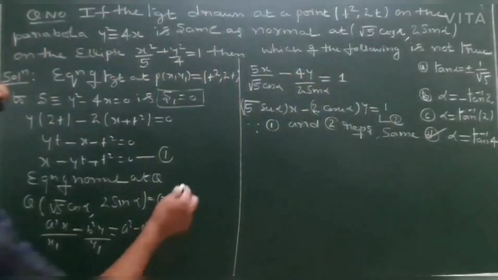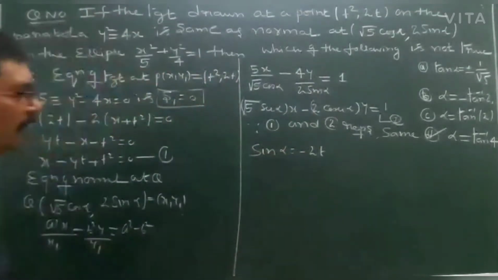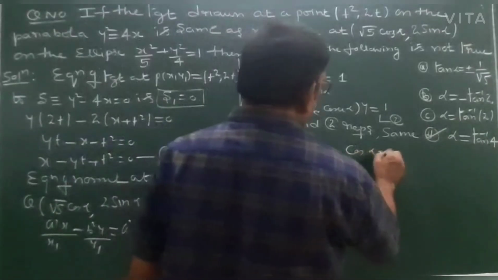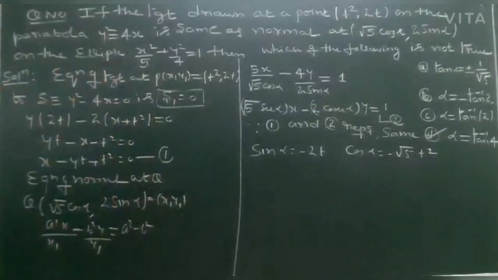I get sin alpha equal to minus 2t. Then comparing this one, I get cos alpha equal to minus root 5 into t square, right? So we got sin alpha equal to minus 2t, cos alpha equal to minus root 5 into t square.